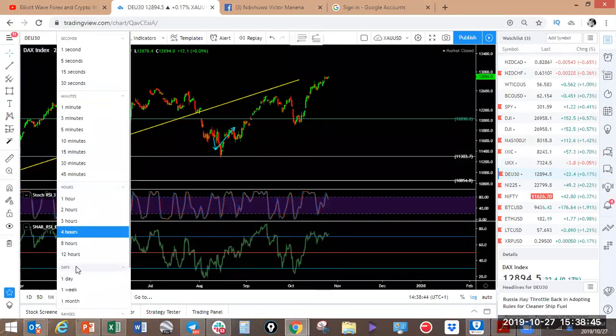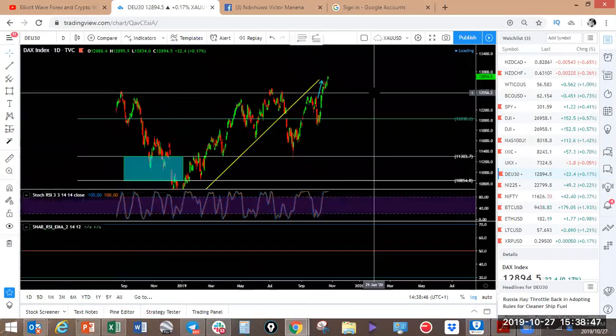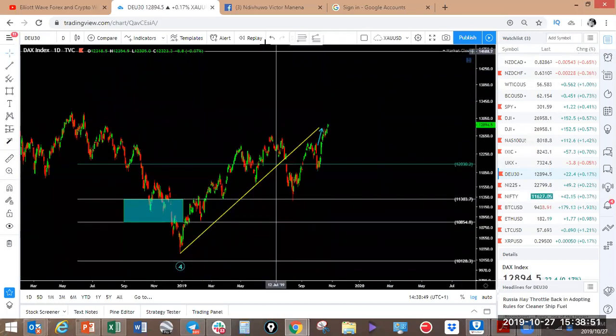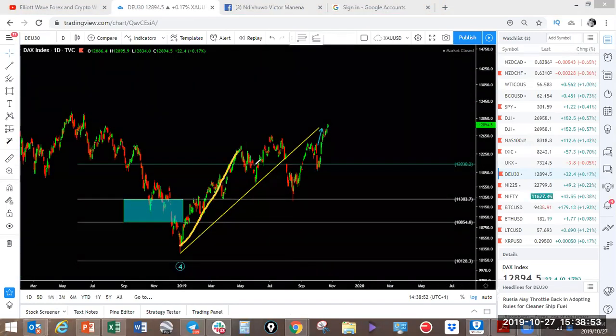Let's go to the daily, see the higher degree structure. And that's what we're seeing here. So we already have this as a 1, 2. This can actually push just up to this level and then we come down. Now when you look at this, it's a 3 running flat there. So it's 1, 2, 3 up, 1, 2, 3 back, 1, 2, 3 up.